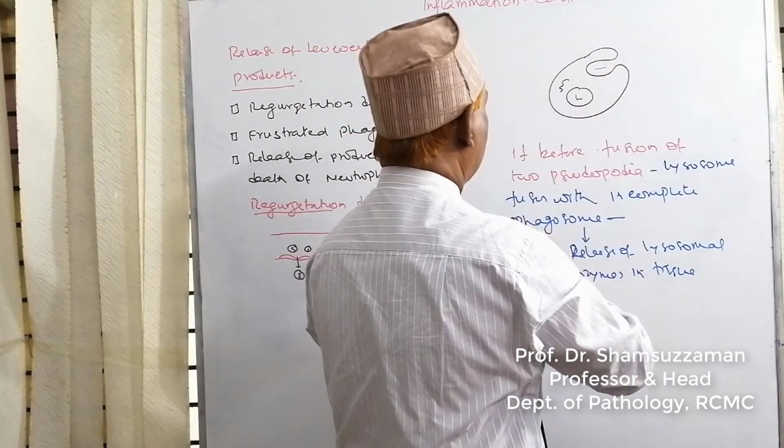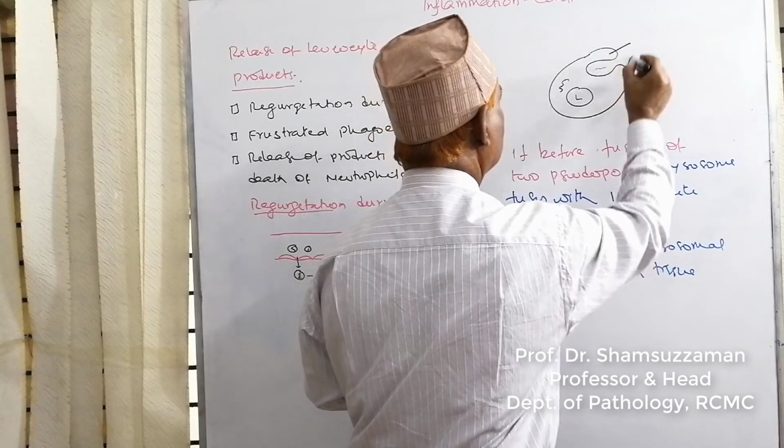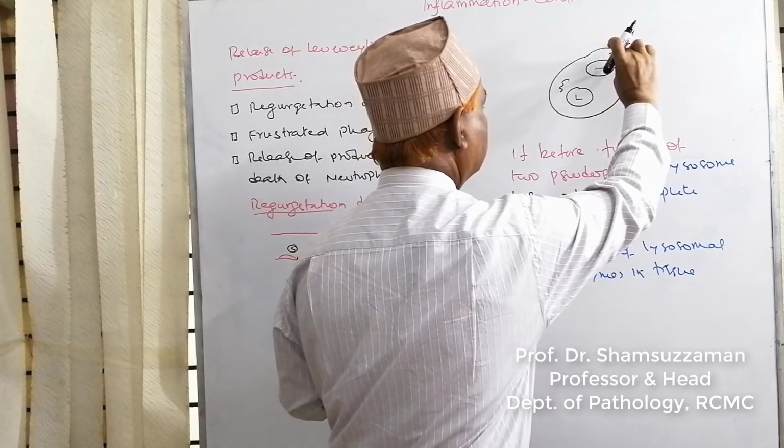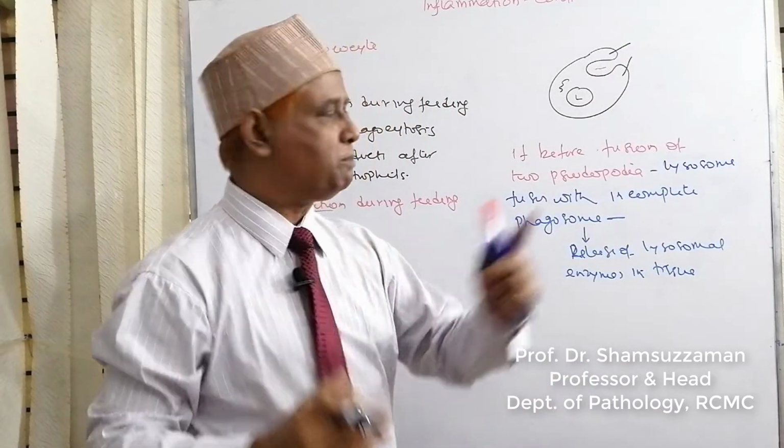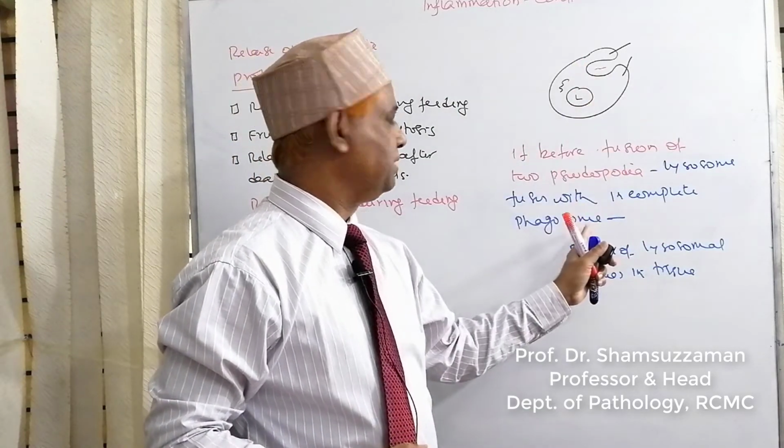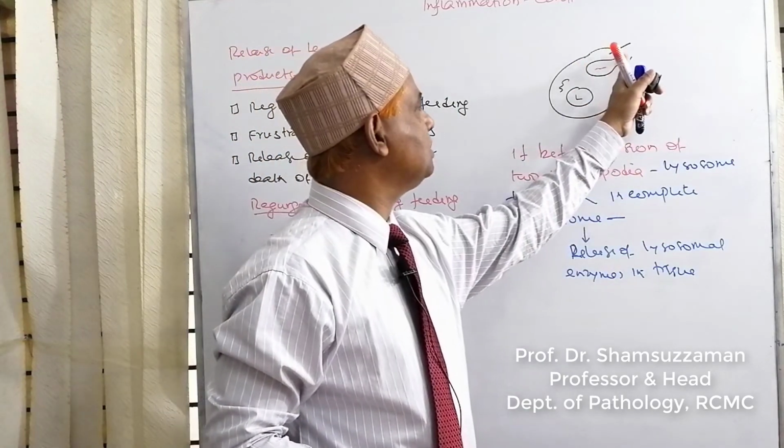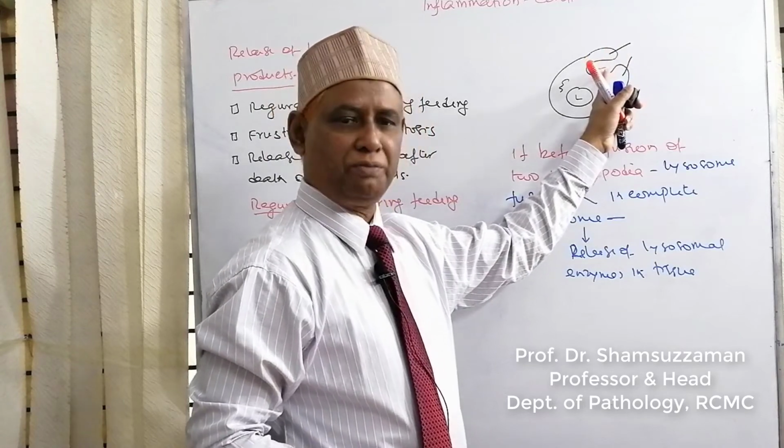These two are the pseudopodia. They will fuse together. After fusion of the pseudopodia, the complete phagosome is formed. Before fusion of these two pseudopodia, this is an incomplete phagosome.